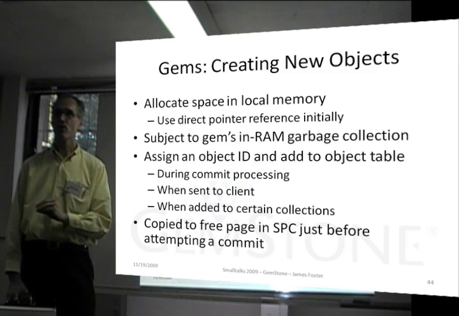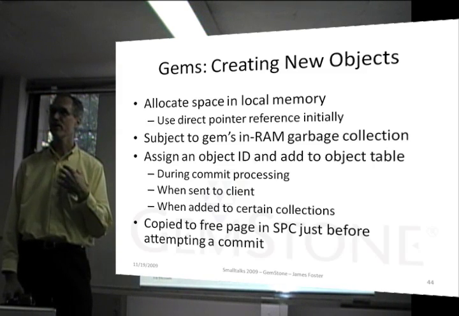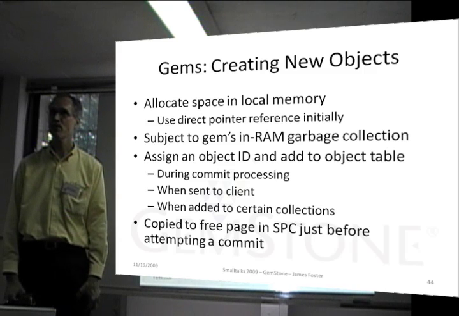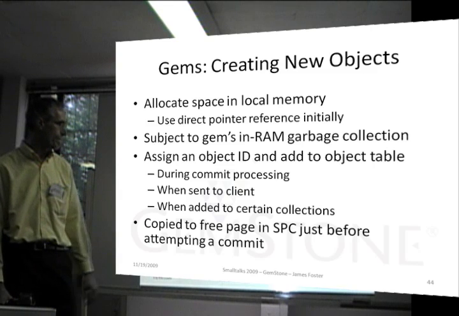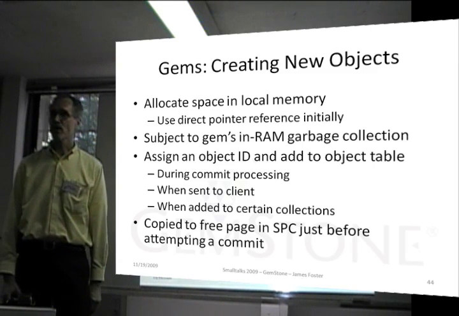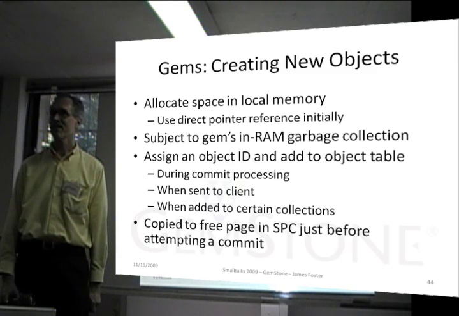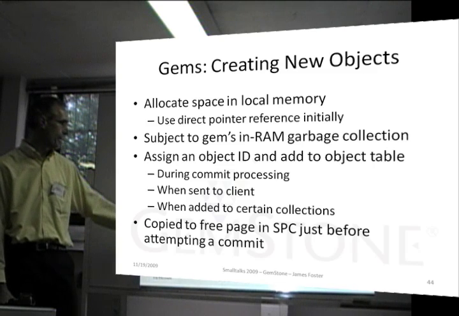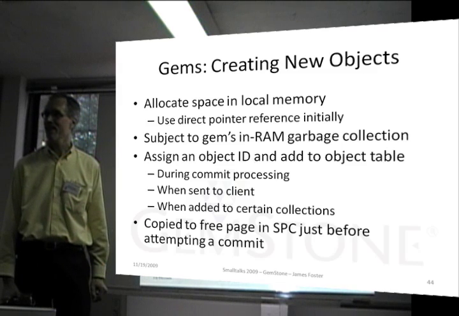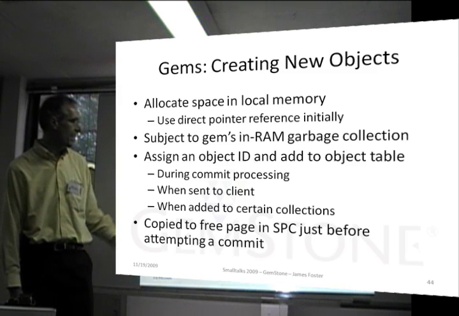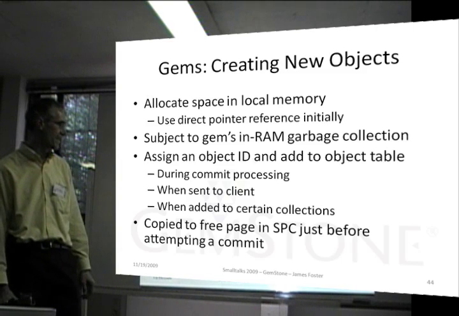So if you're using VisualWorks or VA Smalltalk and have Gem Builder so that you're replicating objects between the client and the server, then we need to assign it an object ID. And then certain collections, unordered collections, bag, sets, identity sets, and so on, simply hold object IDs. And so when you add them to the collection, then we need to have assigned an object ID.